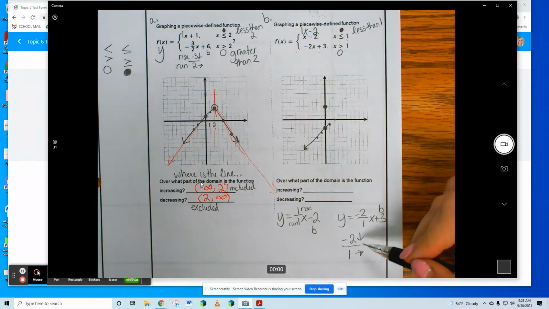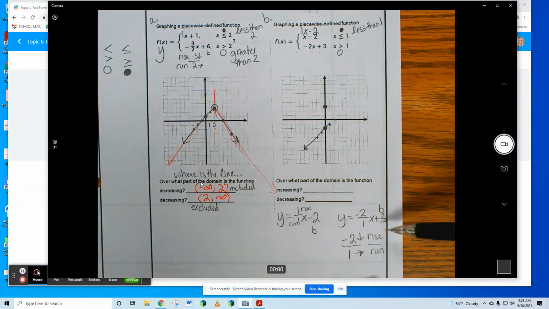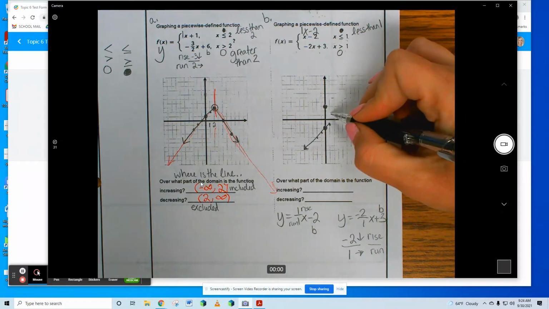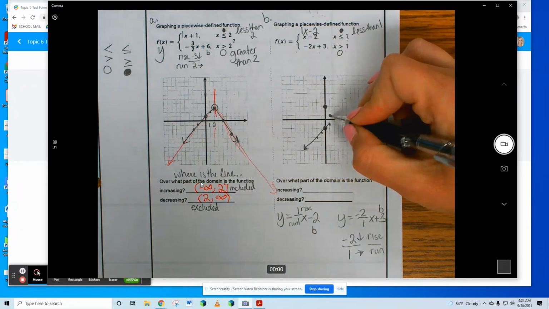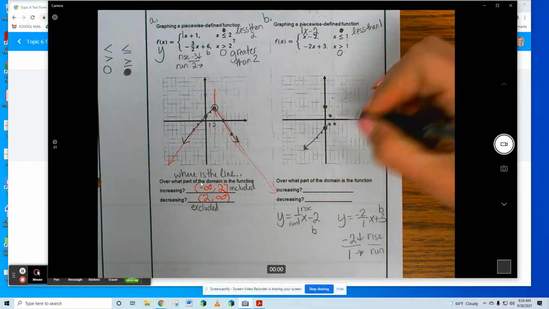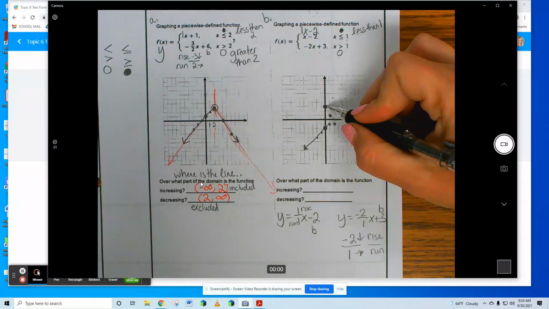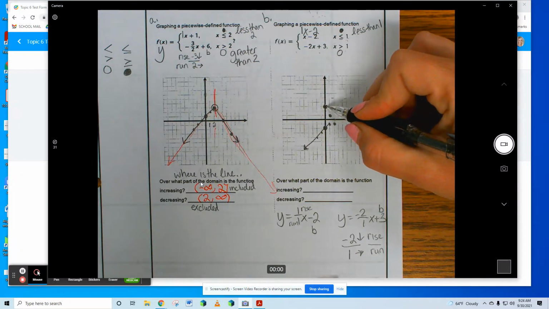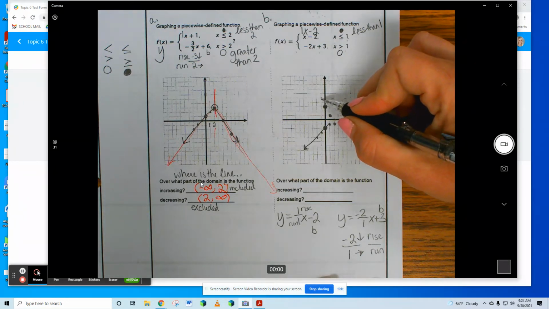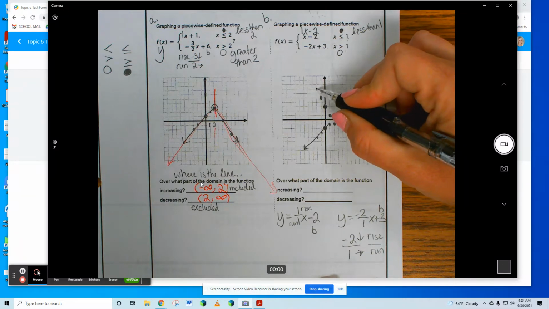And I'm going to rise negative 2, run 1 to the right. Rise 2 down, run 1. I want to reverse it. So go back to my y-intercept and go up 2 and left 1. Up 2 and left 1.